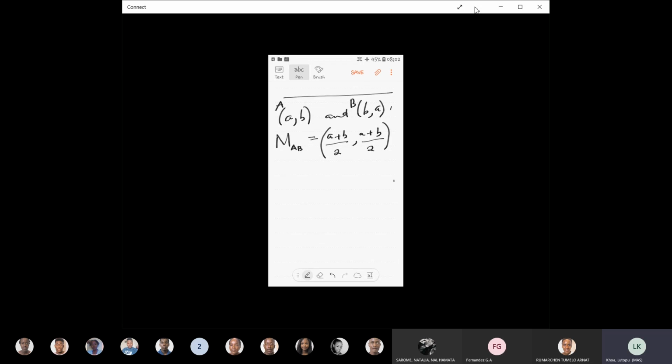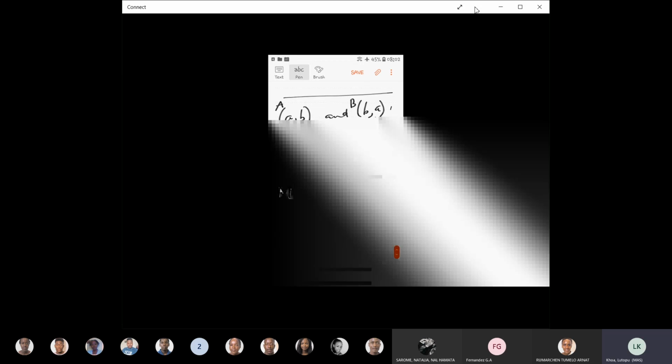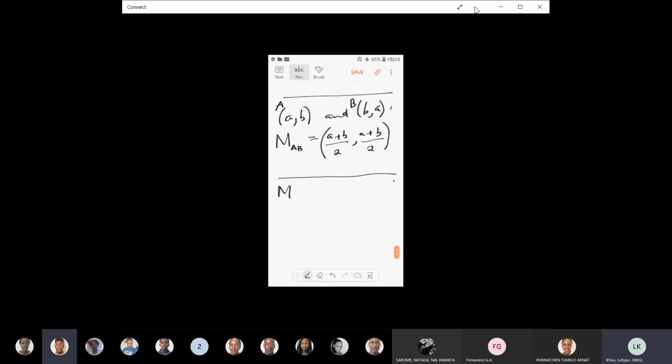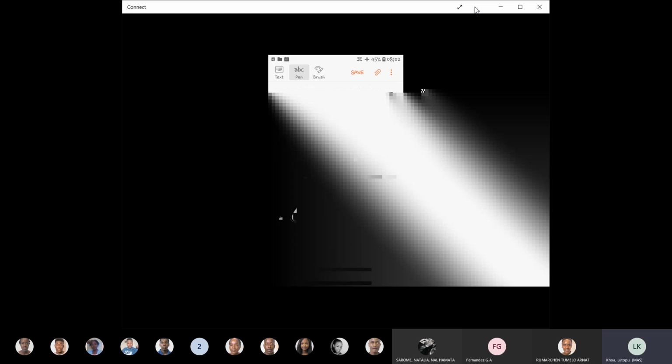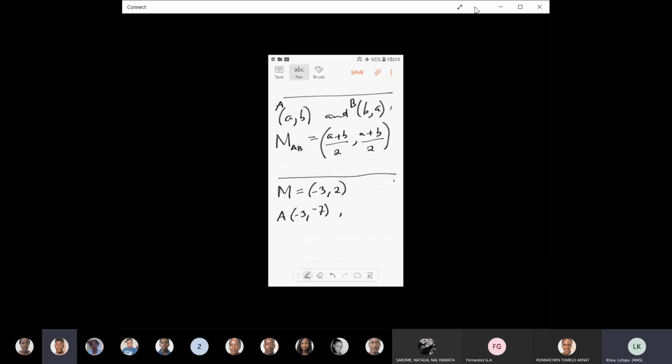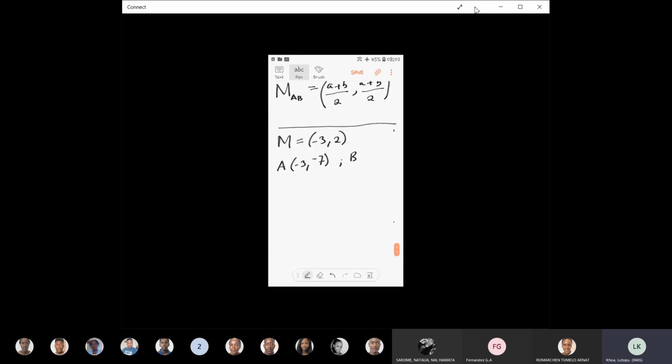Okay, then there are cases where you are actually given the midpoint, and you're told that the midpoint is (-3, 2), and it is the midpoint of the point A, which is (-3, -7), and another point B. And then you're asked to find what that point is.